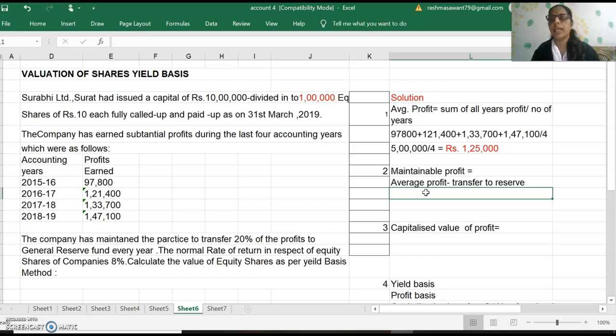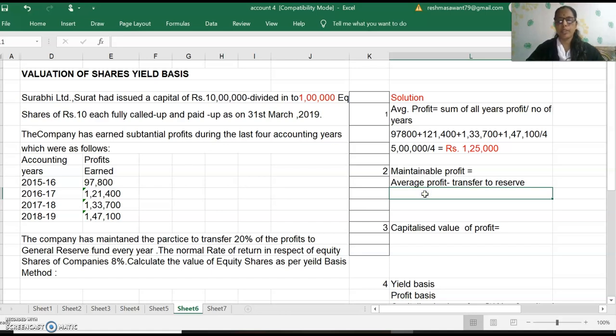Maintainable profit is calculated with the formula average profit less transfer to reserve or any fund. In this question, the transfer is 20% of profit, so it is 20% of 1,25,000.